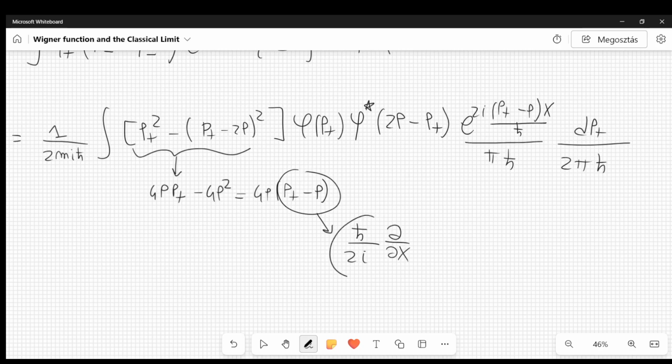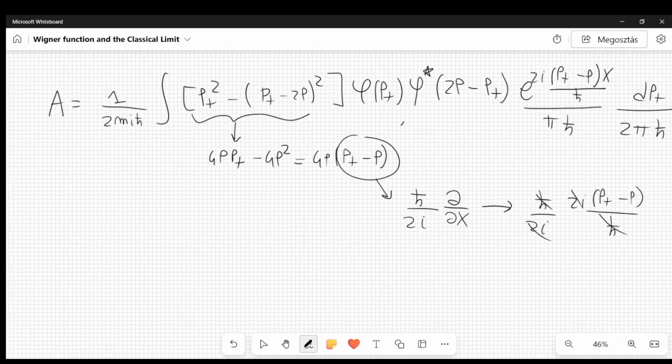Because if you take this derivative of the exponential, what you get is, of course, h bar divided by 2i times 2i p plus minus p divided by h bar. So this will cancel, and you will be left with p plus minus p. But if you rewrite this operator here, then, sorry, this is not an operator, this is actually a number. If you rewrite this number as an operator written like this, the derivative can be taken outside the integral.